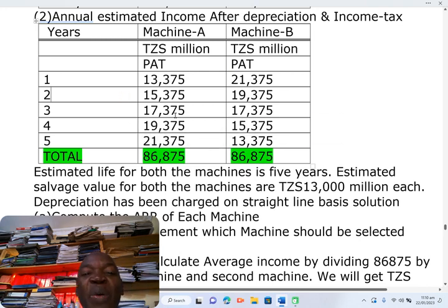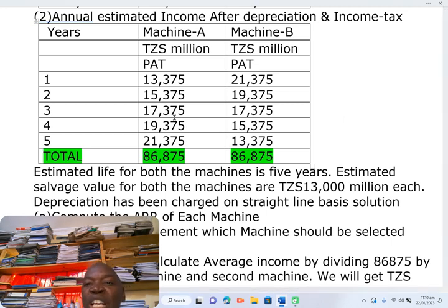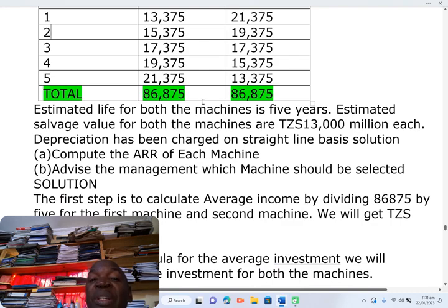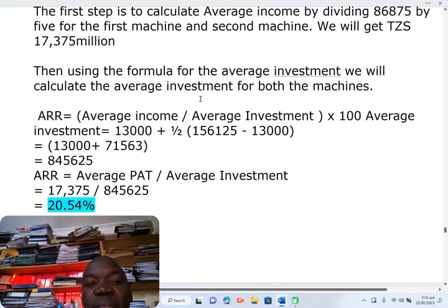When you compute average returns on both machines, they are the same. That's why we were saying this method has a shortcoming: it can't differentiate projects which have such kind of cash flow. But if you use the net present value method, you could see the decision might be different.